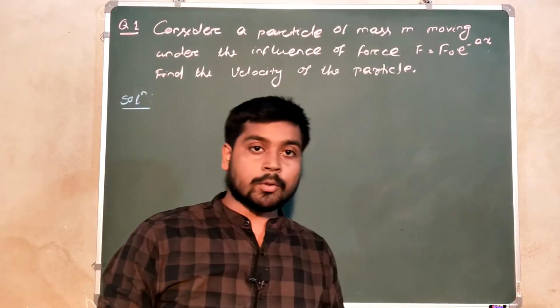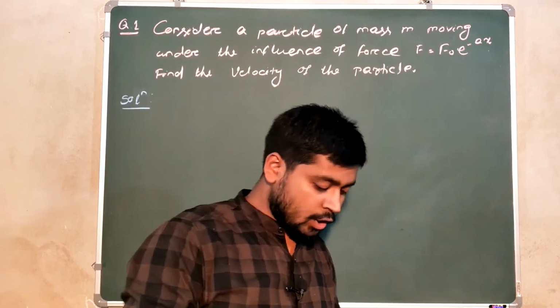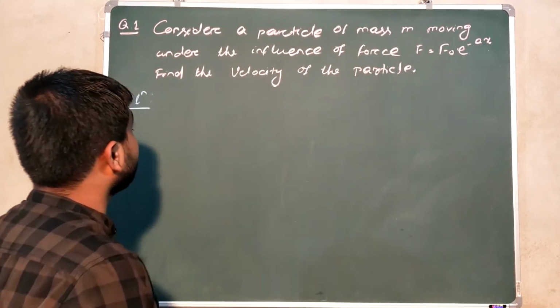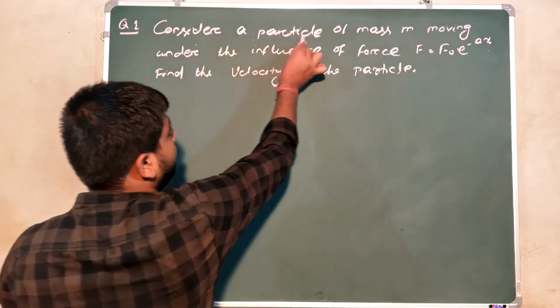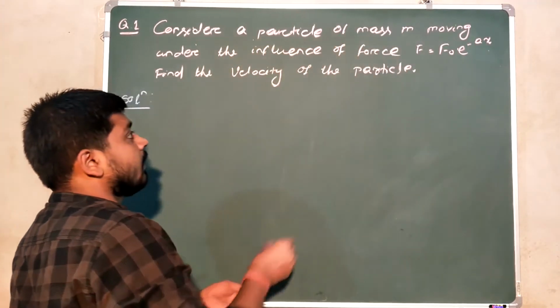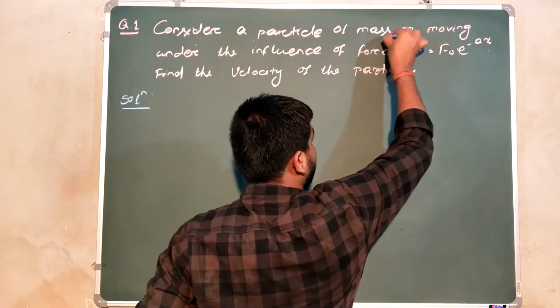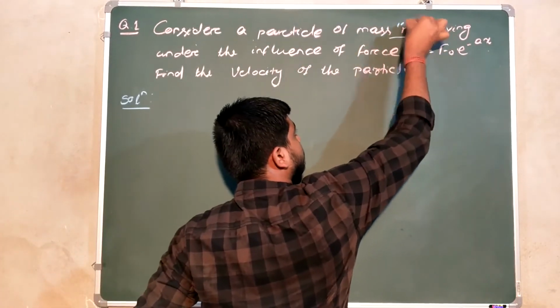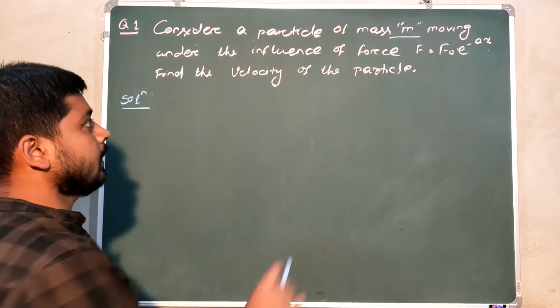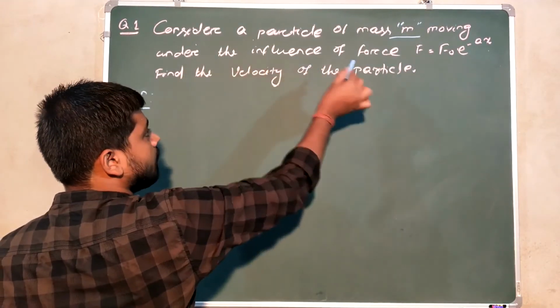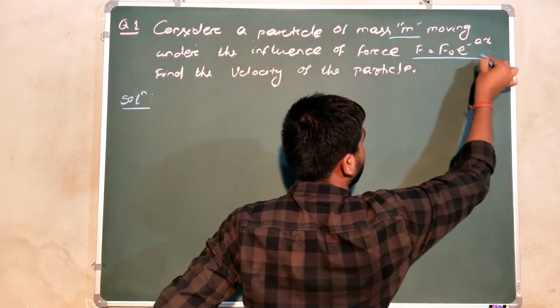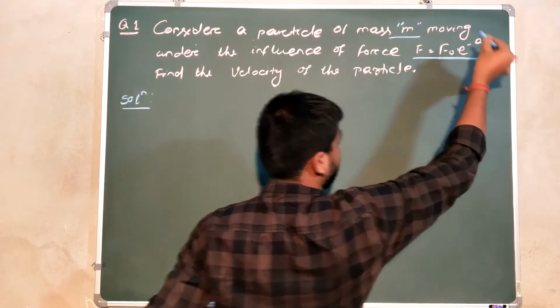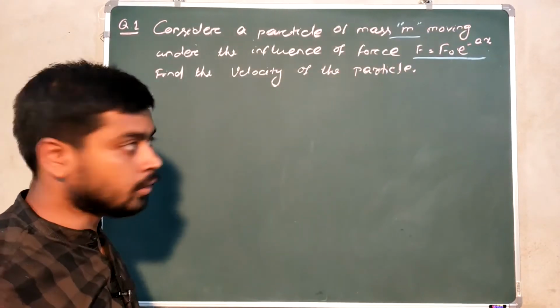First of all, we have to know what is given here. Just underline the thing which is given. Consider a particle of mass m. M is given, a particle having mass small m, moving under the influence of a force F equal to F naught e raised to minus ax. Force is given.